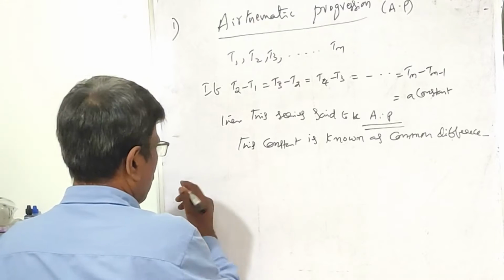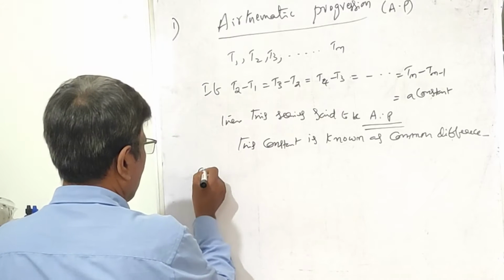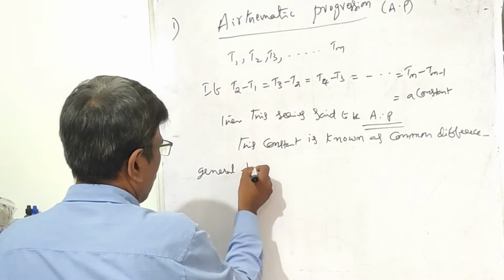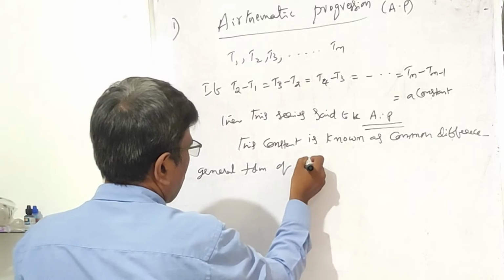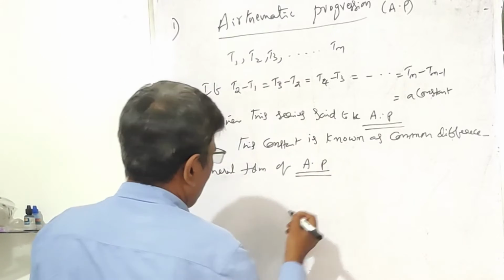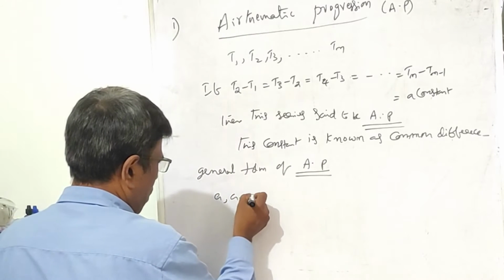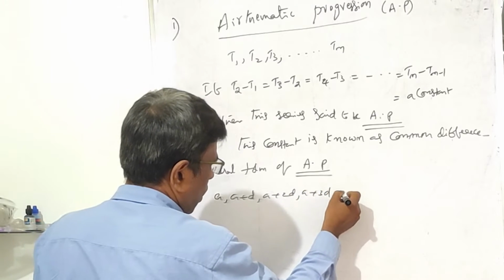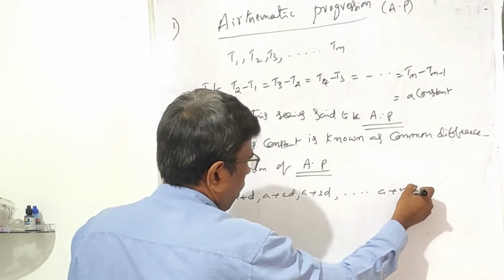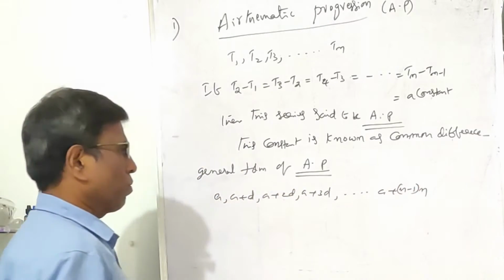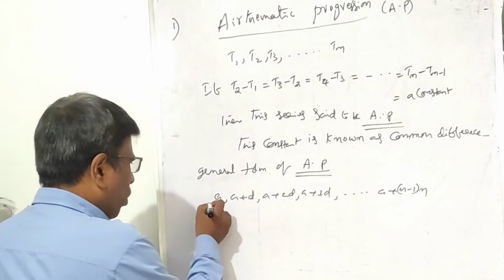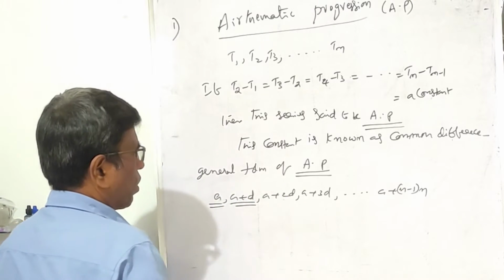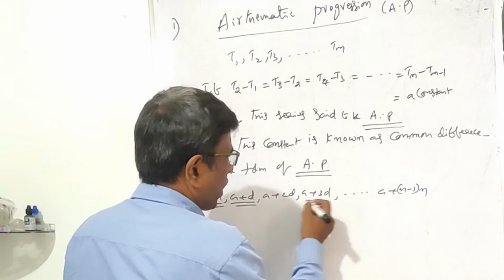Now, what is the general form of an AP? That is A, A plus D, A plus 2D, A plus 3D, and so on, A plus (n minus 1) into D. A is called the first term, A plus D is called the second term, and D is the common difference.